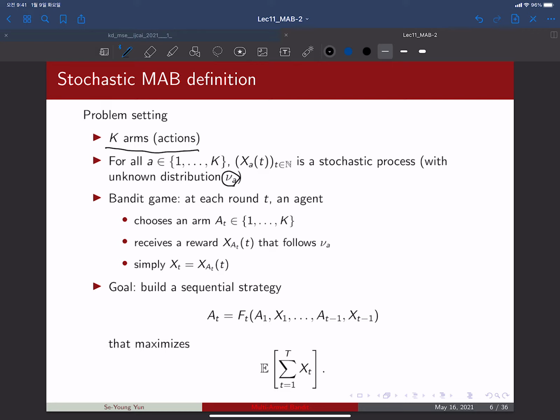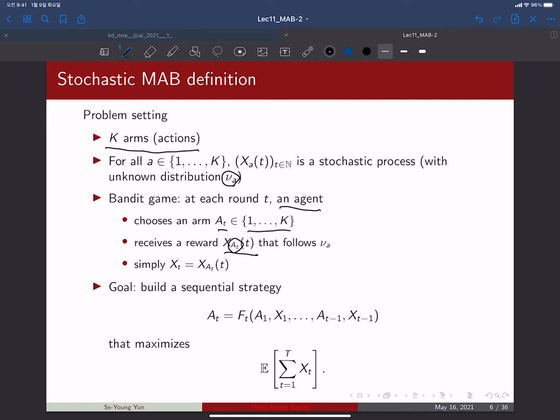The bandit game is, at each round t, an agent or a learner chooses an arm A_t among K possible actions, or among K possible arms, and they receive a reward X_{A_t,t}. Here A_t is the index we choose.